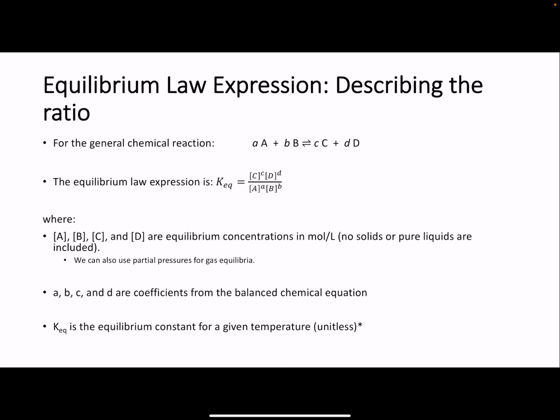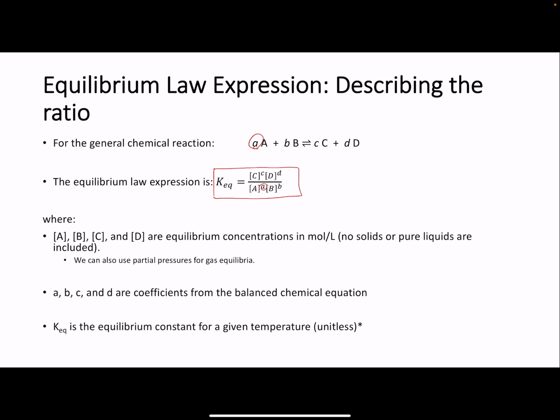So the equilibrium law itself is outlined here. For a reaction A plus B produces C plus D, the equilibrium law can be expressed as K, which is a constant value, equal to concentration C times D divided by concentration A times B. You'll notice that the coefficients are the exponents in this case, because we're looking at reversible reactions where the products turn into the reactants, and we're looking at these specific reactions here.